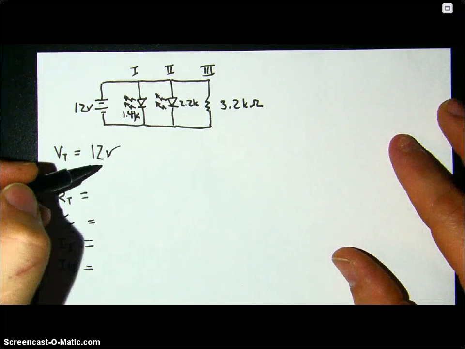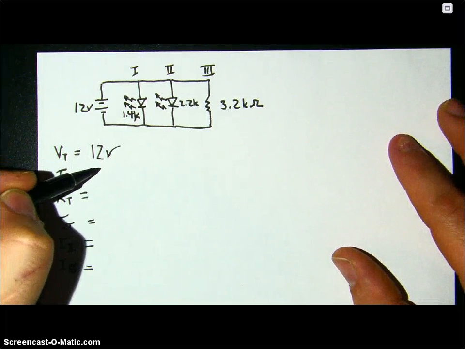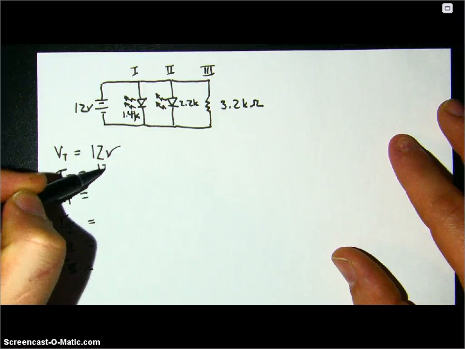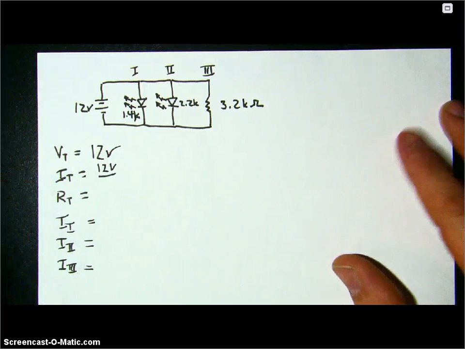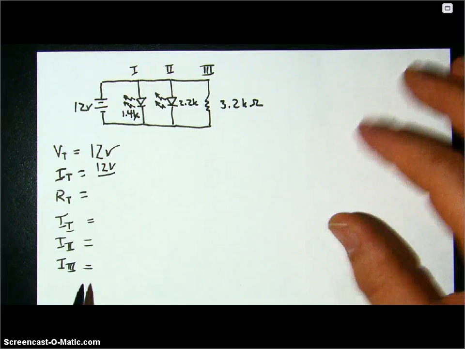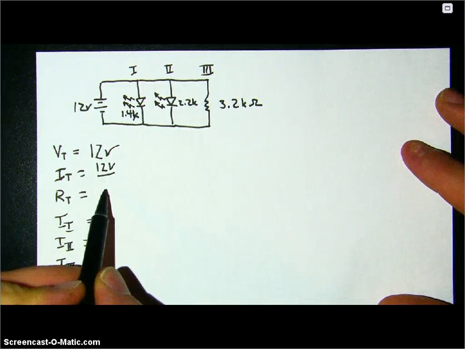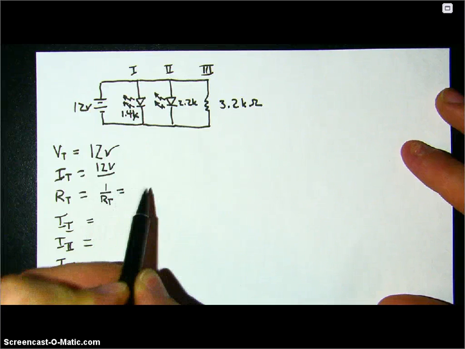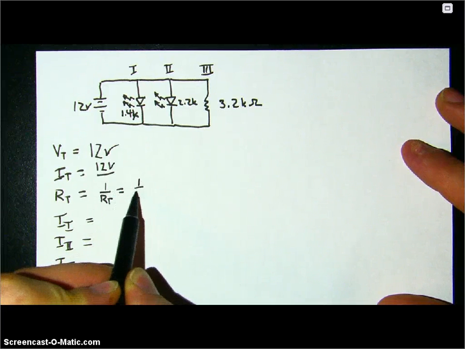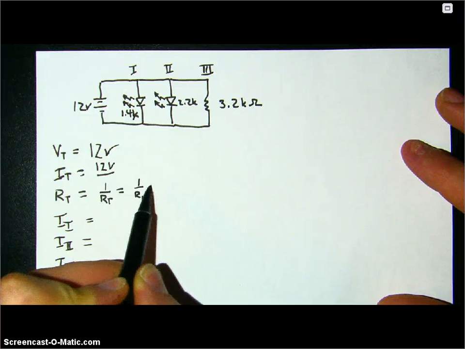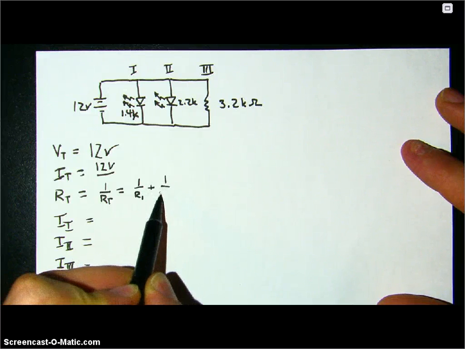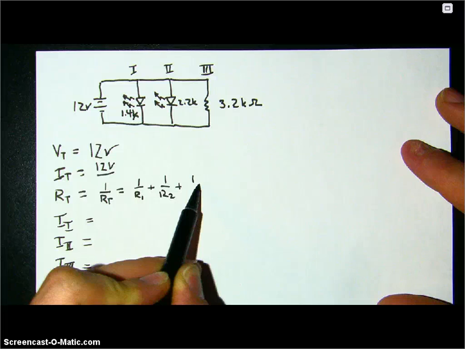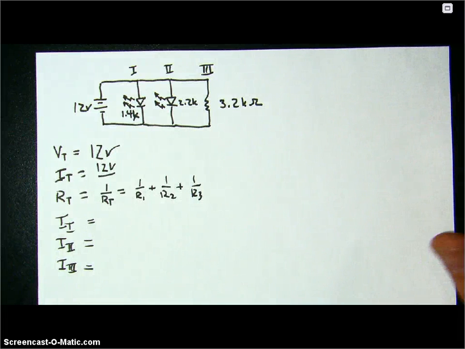Total current here, again, our formula for current is voltage divided by resistance. We know our voltage, but we do not know our resistance yet, so we need to figure out a resistance. The formula for that, some of you probably had to look back, is 1 over RT is equal to 1 over R1 plus 1 over R2 plus 1 over R3, and so on, depending on how many components you have in there.